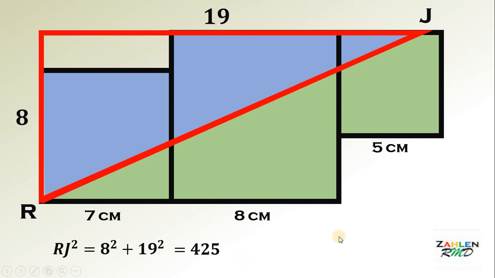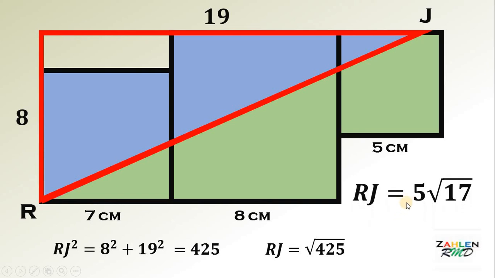Now get the square root of both sides and we have RJ is equal to square root of 425. Now simplify, 425 is the same thing as 25 times 17. Therefore, the length of RJ is simply 5 square root of 17. And don't forget the unit. We have centimeters. And we're done.